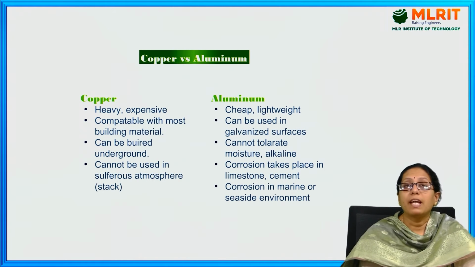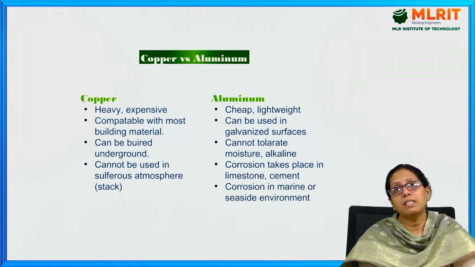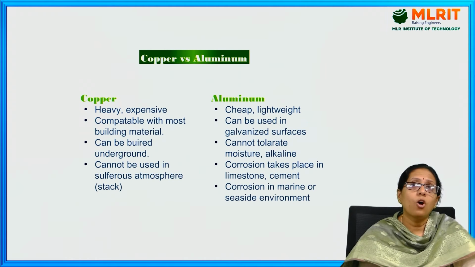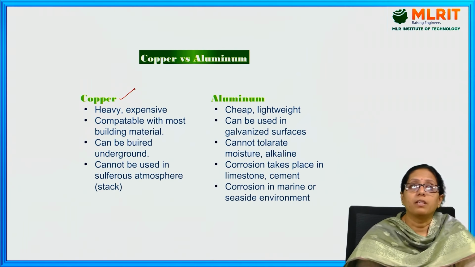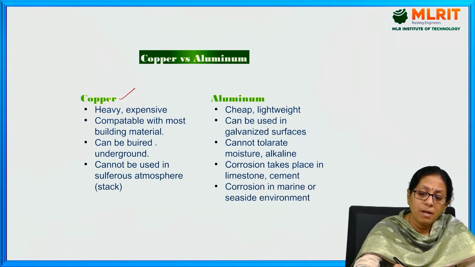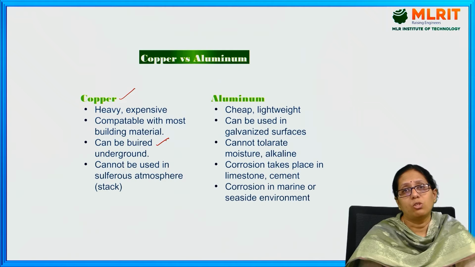Copper versus aluminum. As I said, the conductors can be made up of copper or aluminum. So which one is better? Here you can see the features of copper. It is very heavy and very expensive, compatible with most building materials, and can be buried underground also.